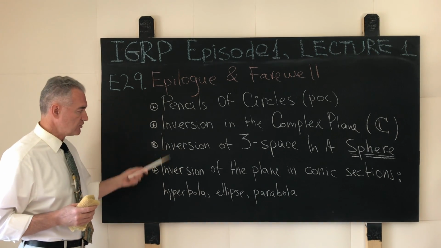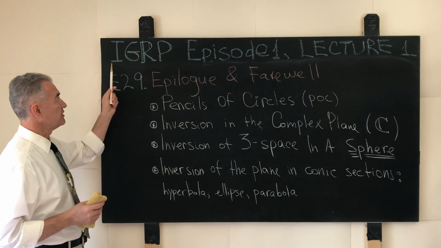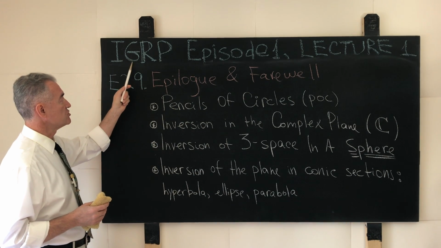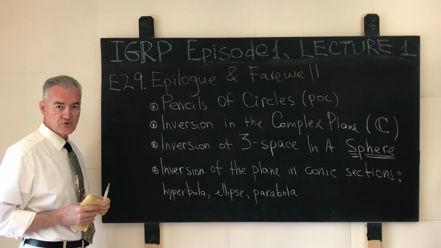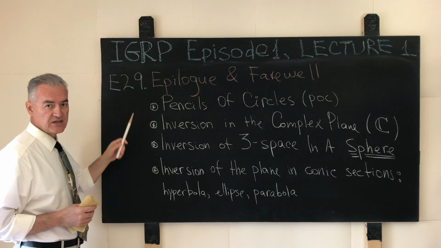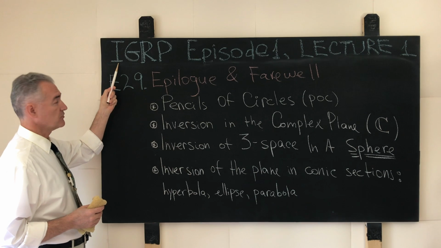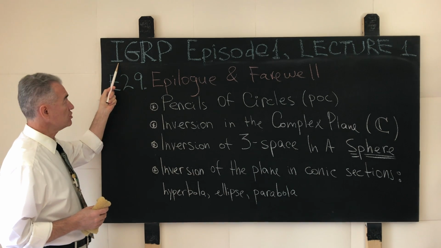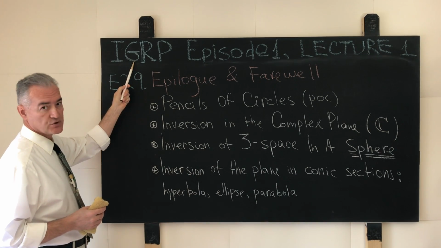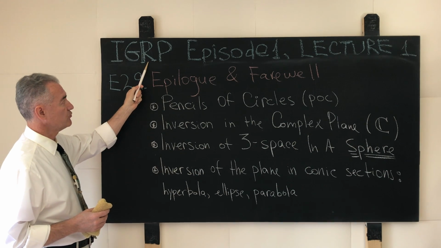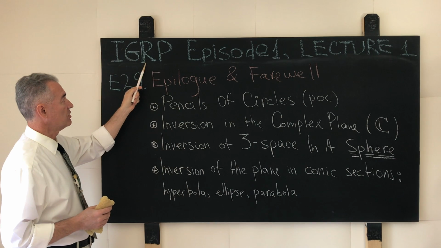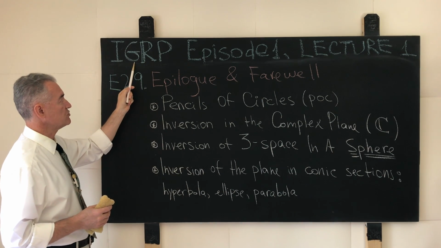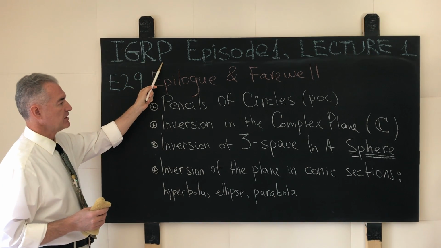And before moving any further, let us agree that the abbreviation IGRP, for the entirety of this course, stands precisely for I for inversion, G for geometry, R for real, P for plane: IGRP, inversive geometry of the real plane.